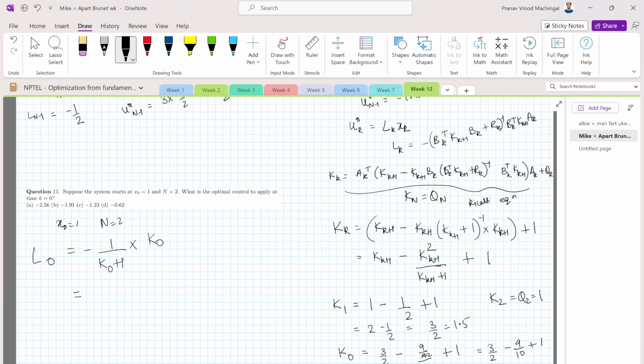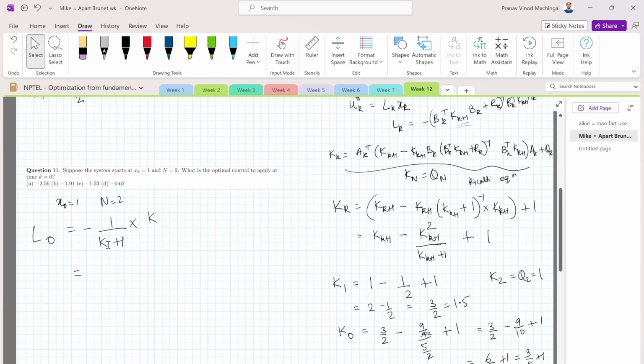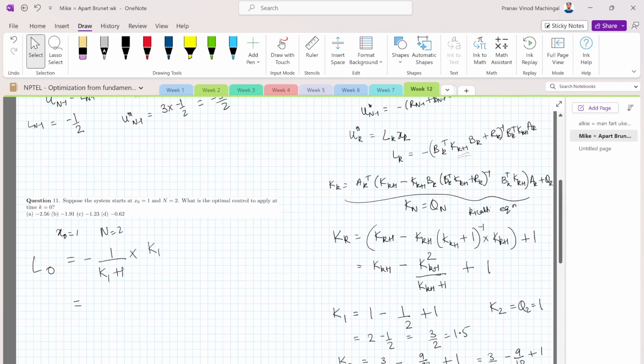Minus of this. I think it is dependent on K plus 1, so it should be K1. So we don't need to compute K0, I guess, right?